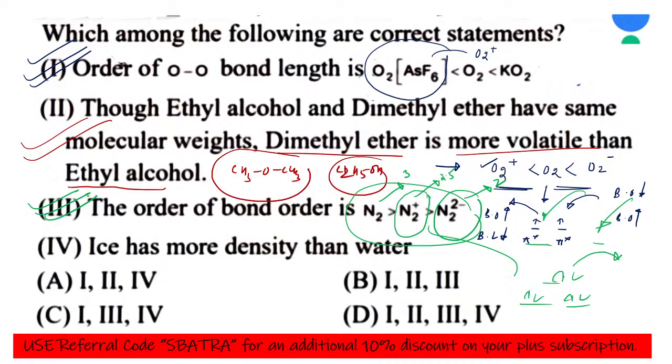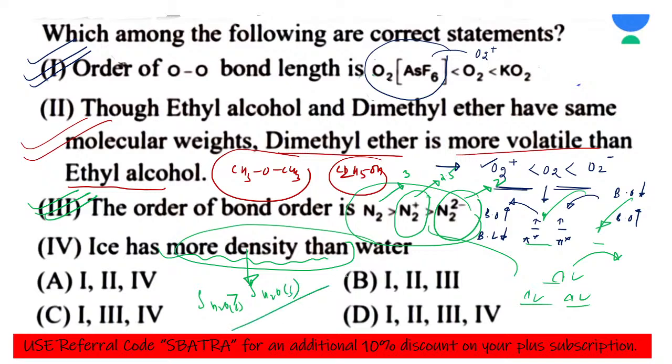Next is: ice has more density than water. Very important application. You can observe this in day-to-day life also, but it has a very significant role in phase equilibria. Basically ice is less dense than water, so water has high density in comparison with ice.